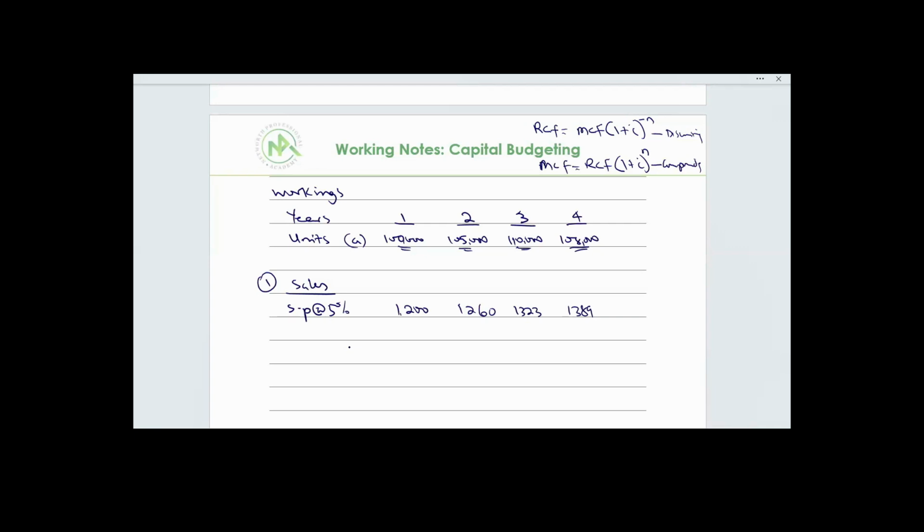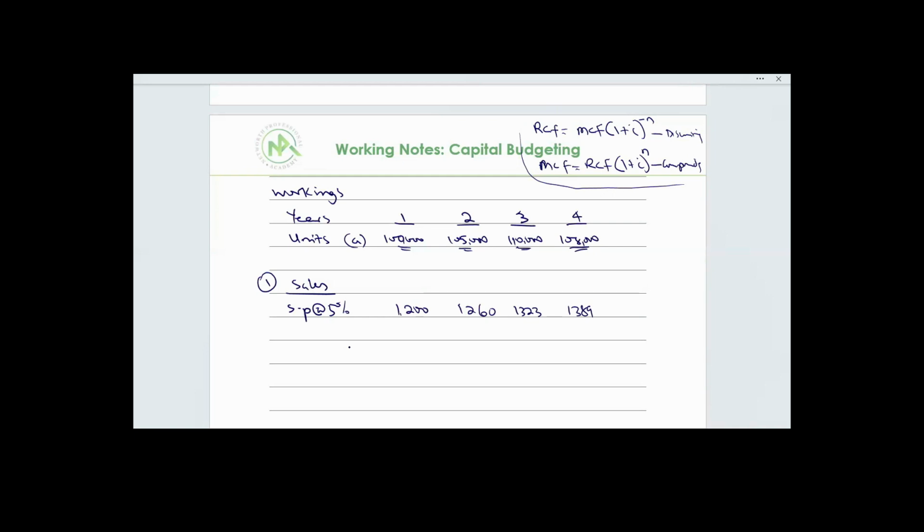So this is what we have done. We have converted the real cash flow given to us to money cash flow on our selling price. That's why you see that the selling price has increased from 1,200 to 1,389. You don't need this formula that I demonstrated for anything, but it is implied in the question. So this is what you are supposed to do.